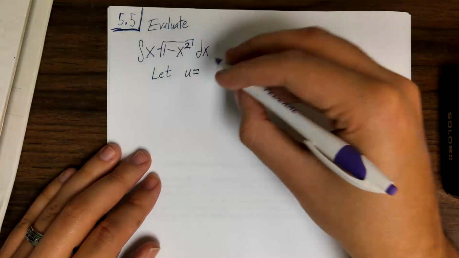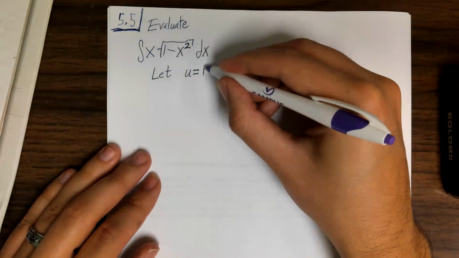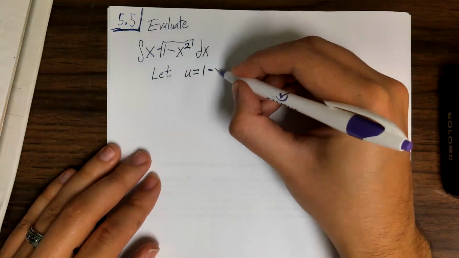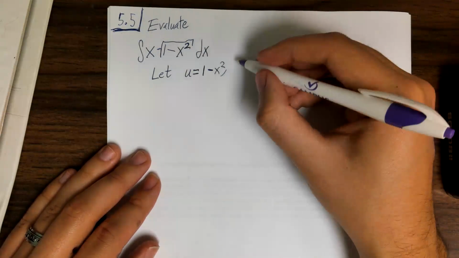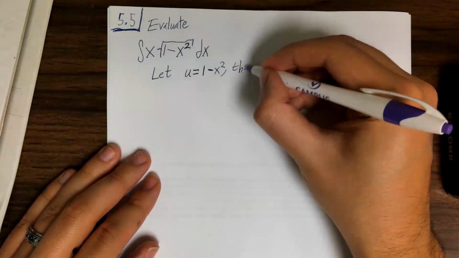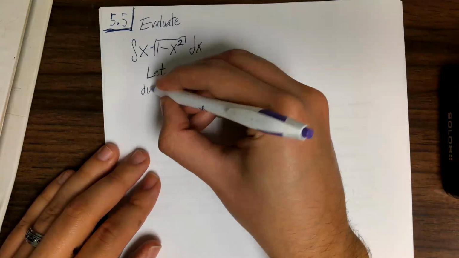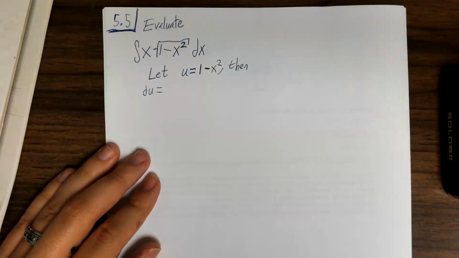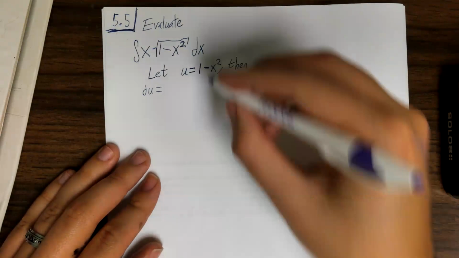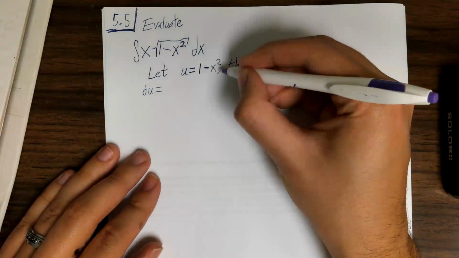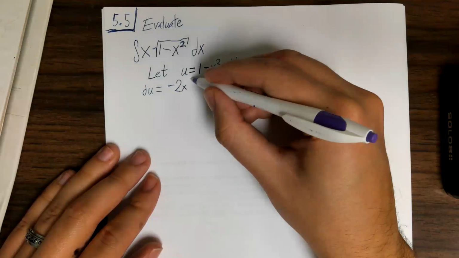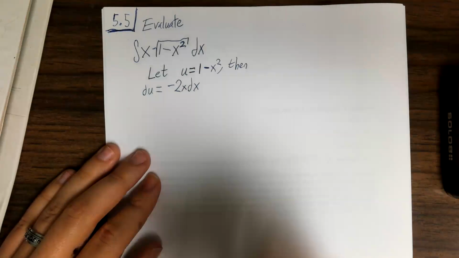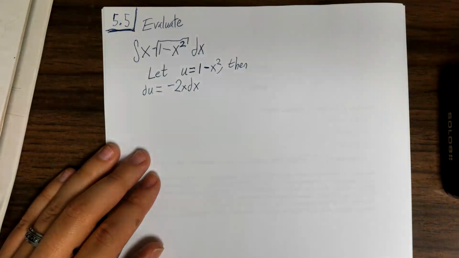So we're going to make the following substitution. Let u be everything inside of that radical. Then the differential of u is going to be the derivative of this function, so just a negative 2x, accompanied with the differential of x.